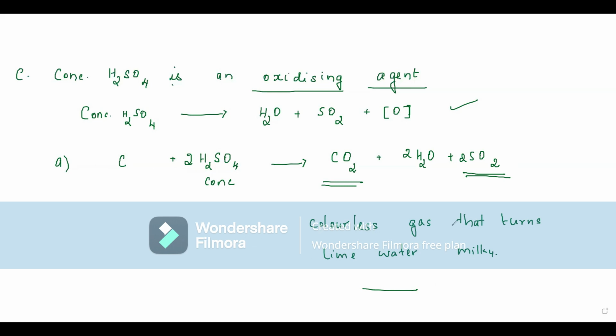We are not writing anything about the odor. One has some odor, the other one is odorless. Both are gases. We won't be able to separate carbon dioxide from sulfur dioxide, so we are writing it collectively. Carbon dioxide will turn lime water milky. Luckily, sulfur dioxide also turns lime water milky. So we can write it together. A colorless gas that turns lime water milky is observed, but this was never asked in the board examination.